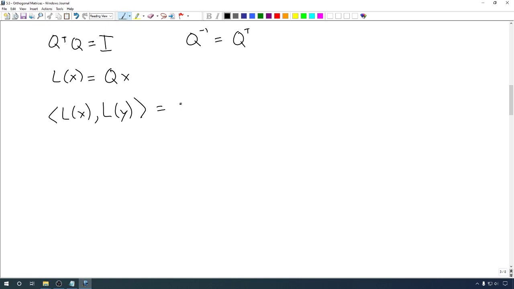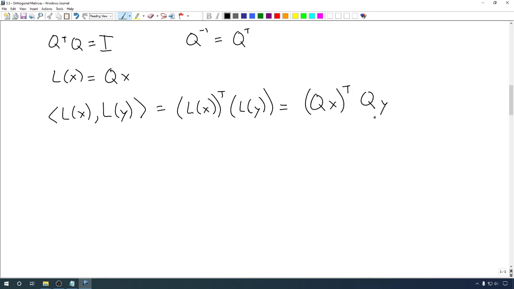So we can immediately turn this into the first one transpose times the second one. But of course, we're saying that this is given by Q, so let's go ahead and stick Q in there. So (Qx) transpose and then Qy, we have the transpose of a matrix product.